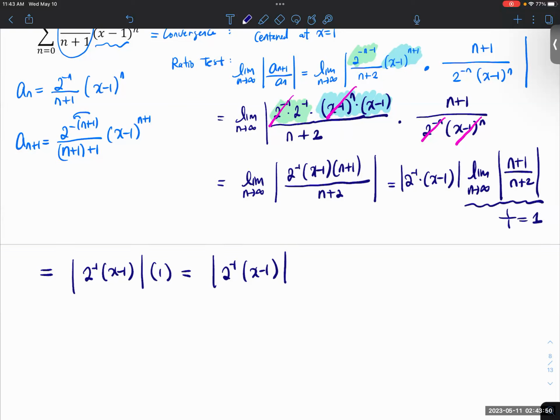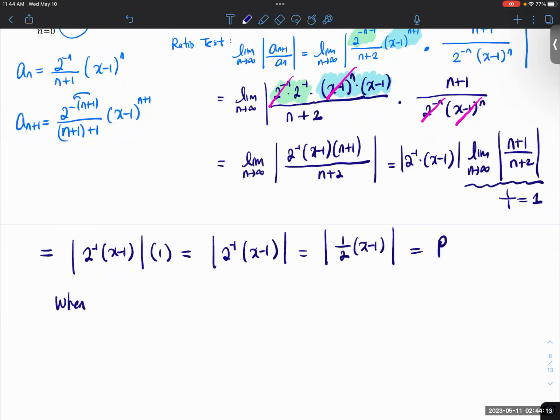Now I change 2 to the negative 1 to 1 over 2, times (x minus 1), correct? That's your p. Are you guys okay? So what happened? The size of p must be between 0 and 1, but make sure this is absolute value. When the absolute value of p is less than 1, then the given power series converges. So your p, 1 over 2 times (x minus 1), in absolute value is less than or equal to 1.